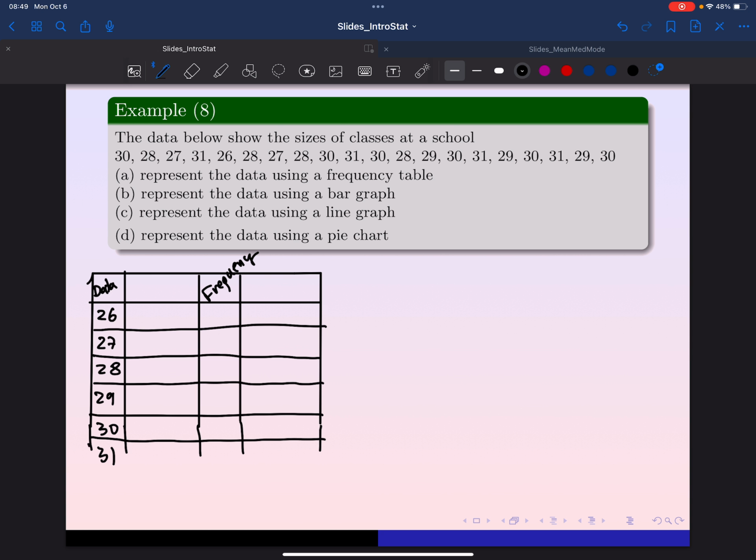Then did we have 32 as well? Probably not. So then I would keep going. I have 30, so I can put one mark by 30. This is my tally that I'm counting.